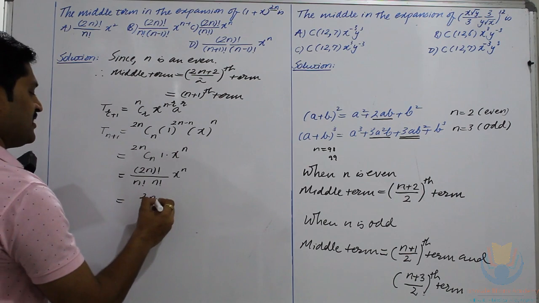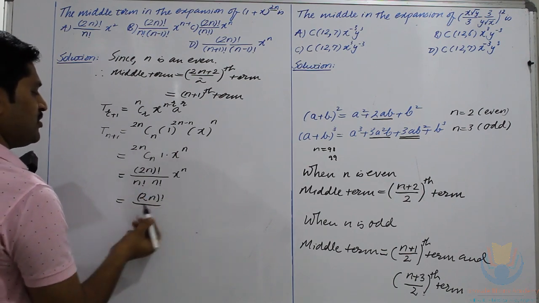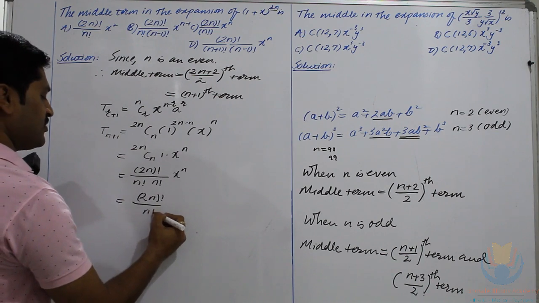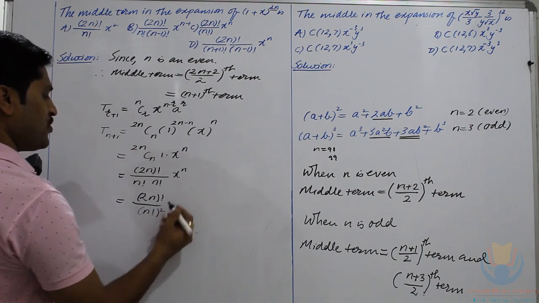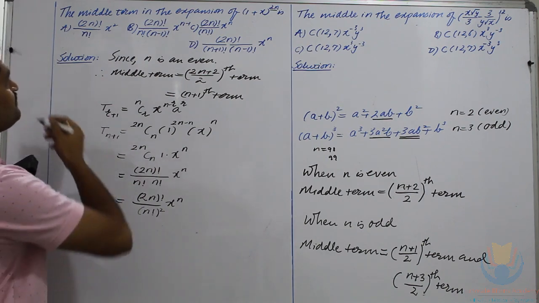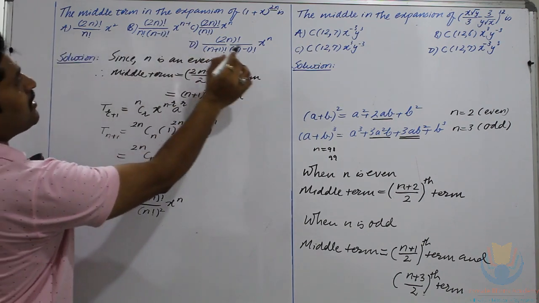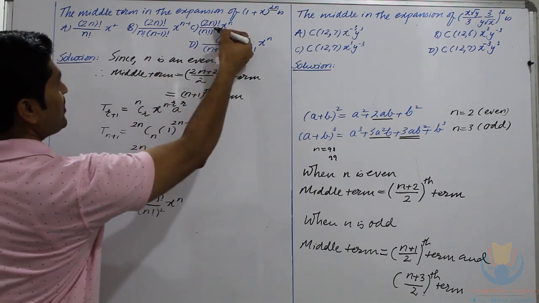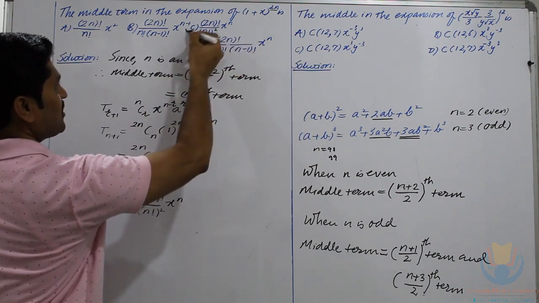So the same can be written as 2n whole factorial upon n factorial into n factorial, which is n factorial whole square, and this into x raised to n. So as you can see here in the option, I think I forgot to write this raised to 2 here. So this is going to be the correct option.